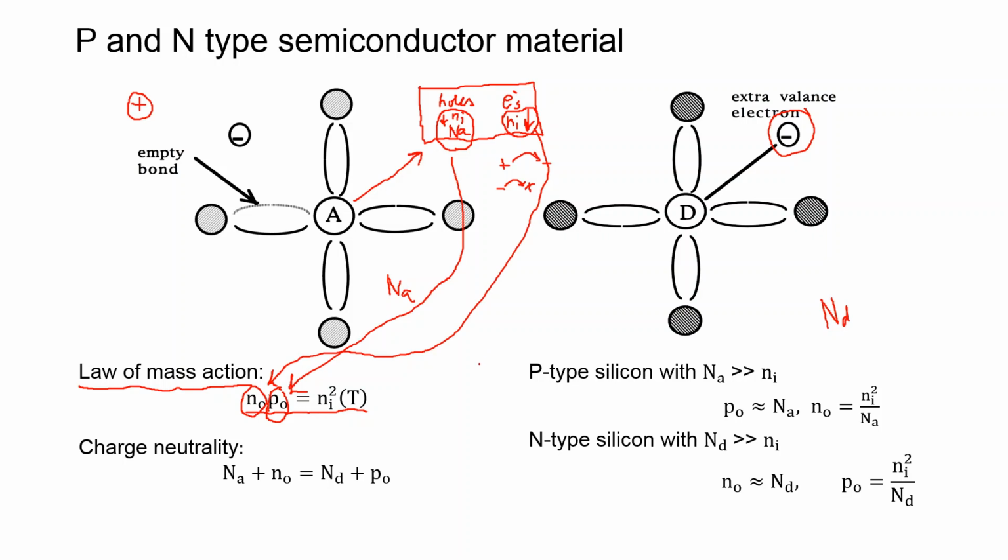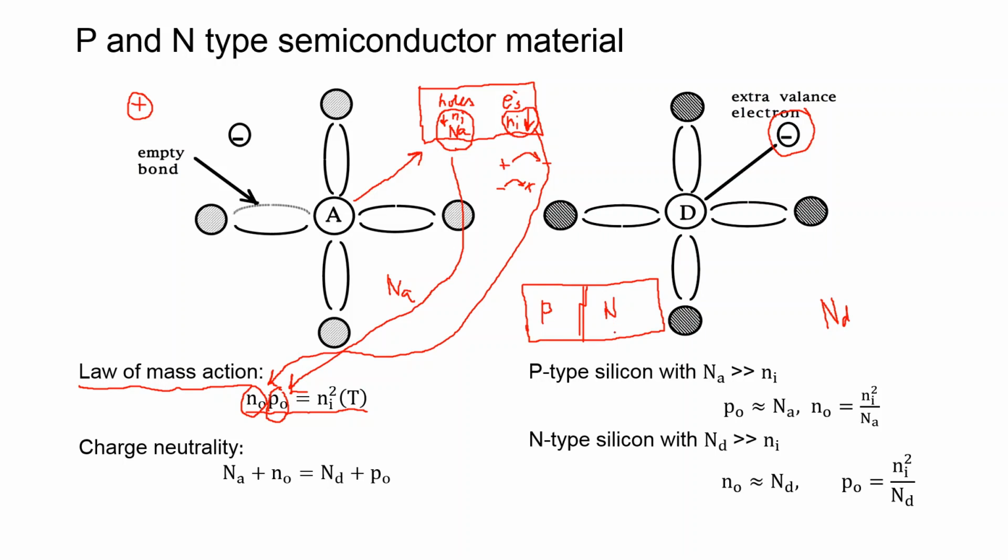Now what will be the total charge in the semiconductor material? Let us say we have both P and N type material, so we have a PN junction here. What will be the total charge inside this material?